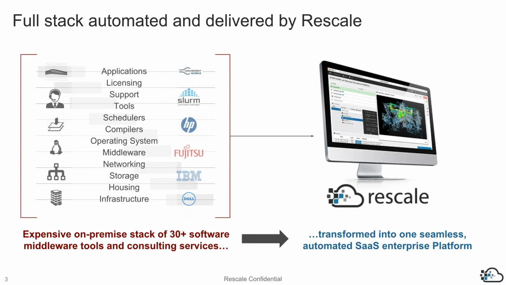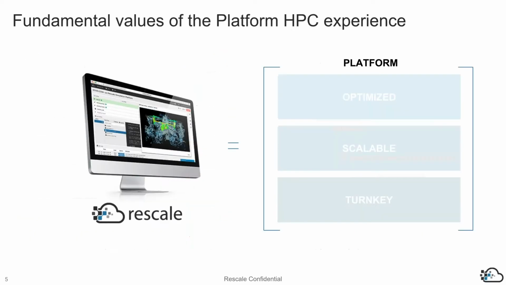So each of these choices represents a capital expense and a huge opportunity cost. Not to mention that integrating these tools requires consulting services and significant effort. So Rescale encapsulates this entire stack, making it a streamlined turnkey solution in a pay-per-use model.